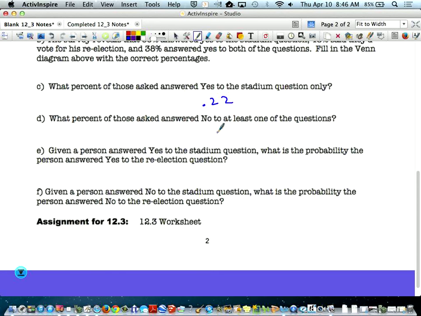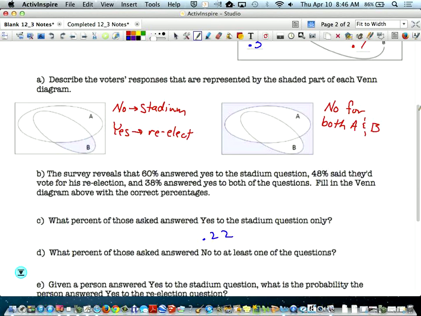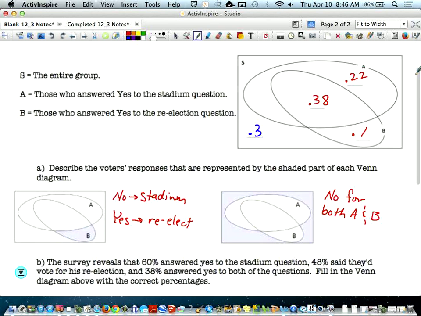What percent of those asked answered no to at least one of the questions? No to at least one of the questions. So looking at the diagram, what are we going to look for? No to at least one.